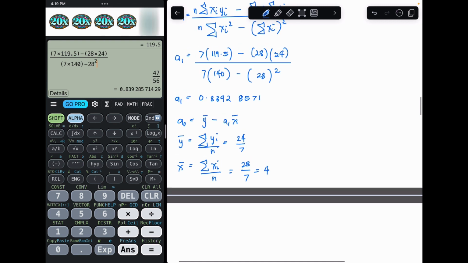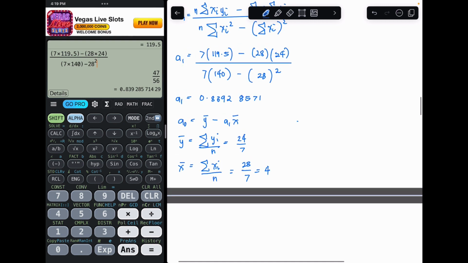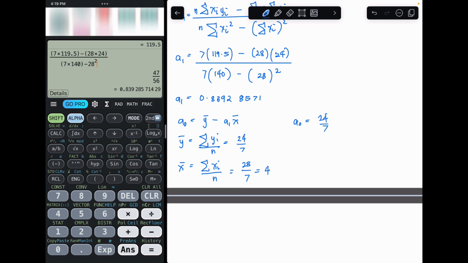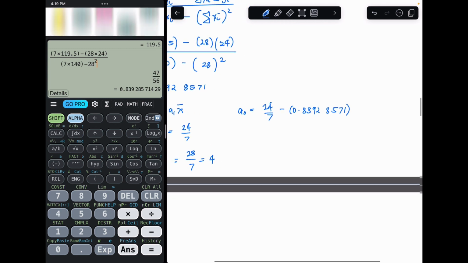And thus our a sub 0 is equal to 24 over 7 minus 0.83928571, which we multiply with 4.